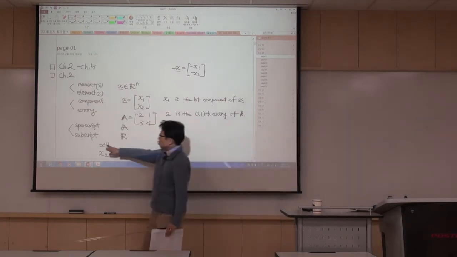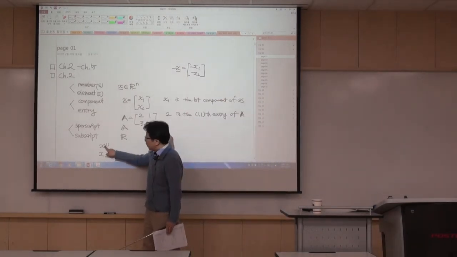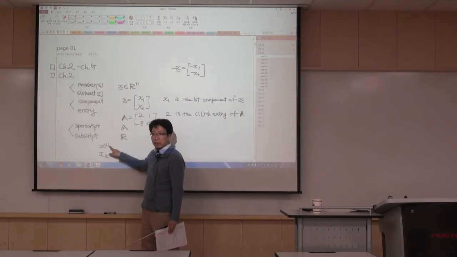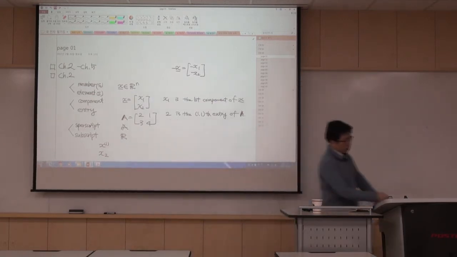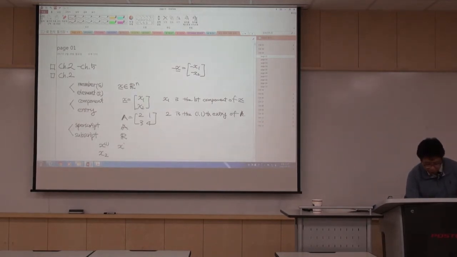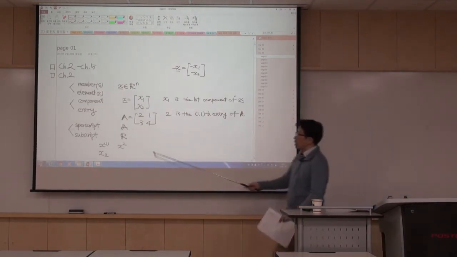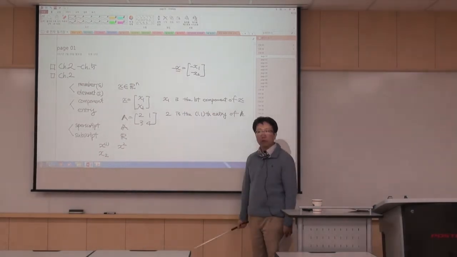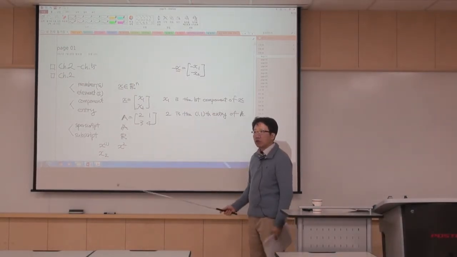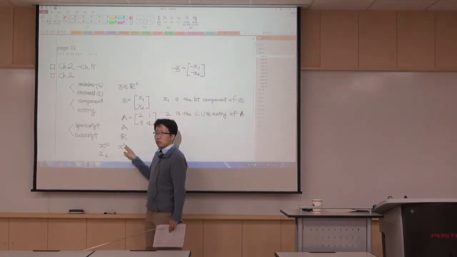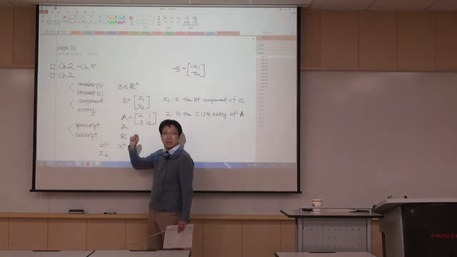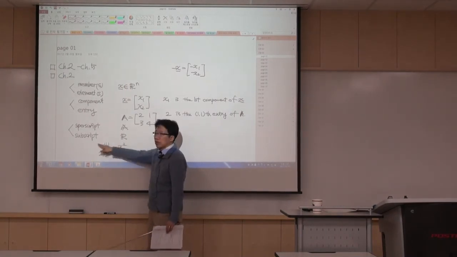When we use superscript, we usually use parentheses or round brackets, because otherwise we cannot distinguish the power from the index. Suppose I use a superscript like this: does it mean the second entry or component of a vector, or x squared? These are called superscripts, the small characters placed on the upper right or left.